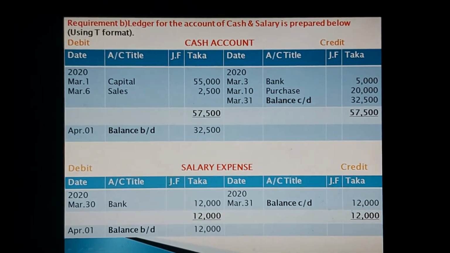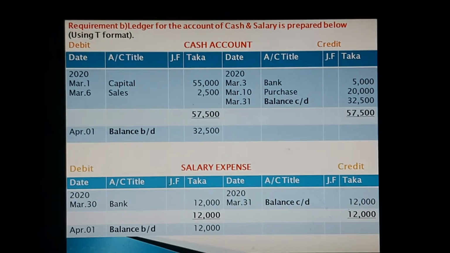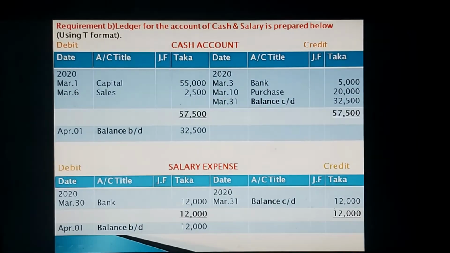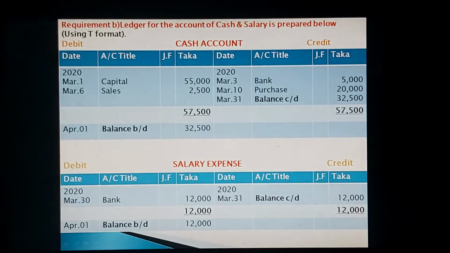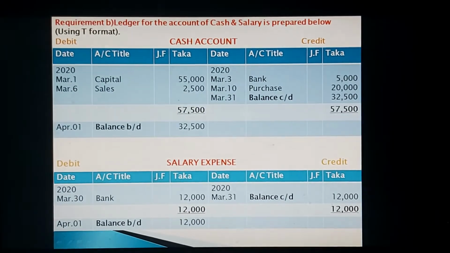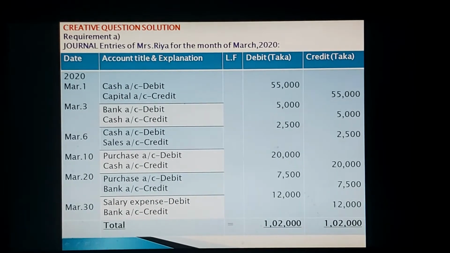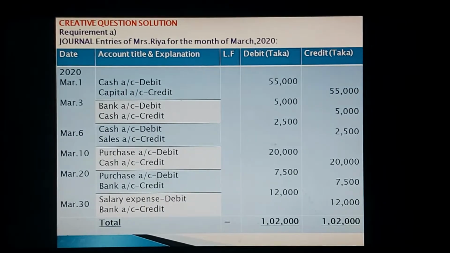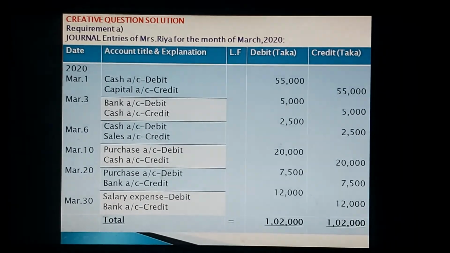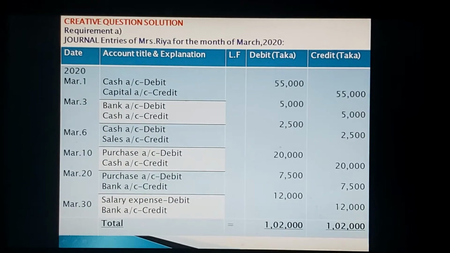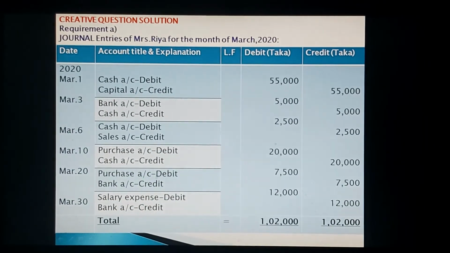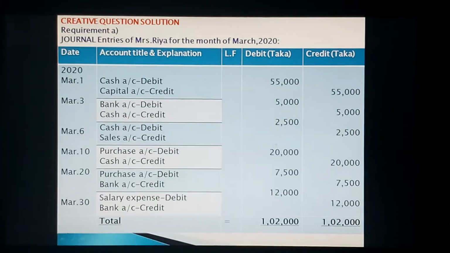Okay, before posting this amount you have to know from the journal which transaction is related to the salary expense. Go to the previous slide. Only one transaction is related to salary expense, that is March 30. Salary expense debit, bank credit.